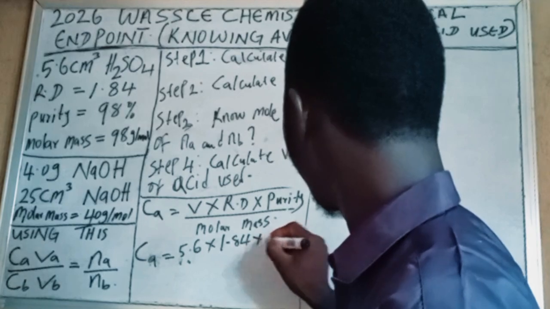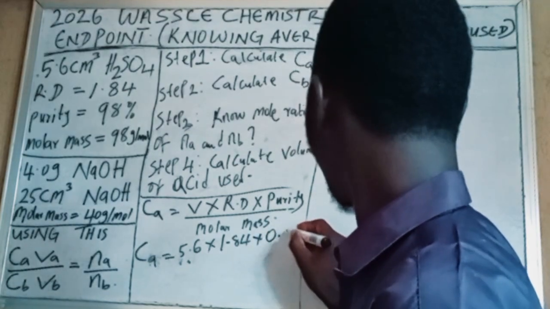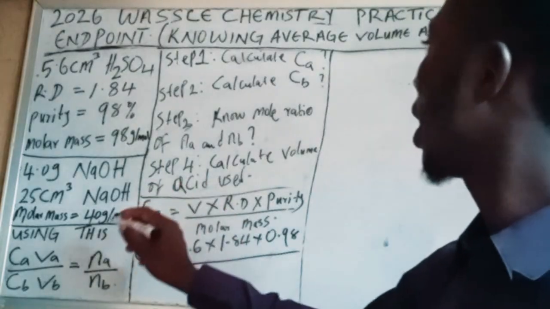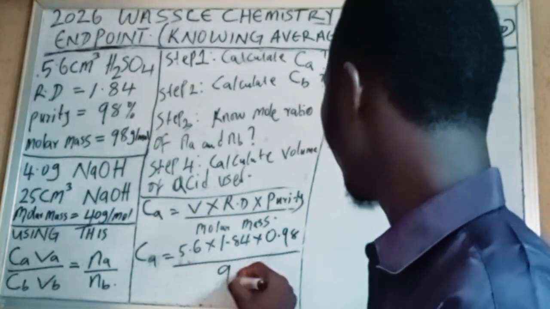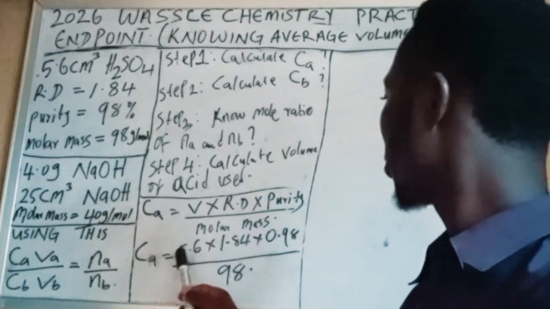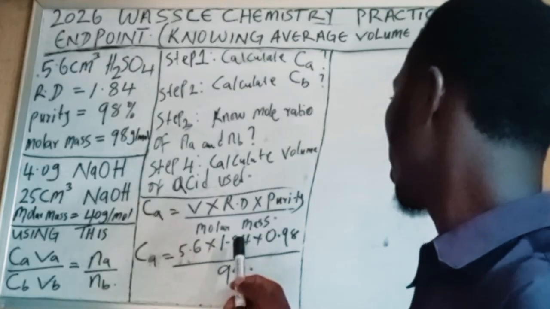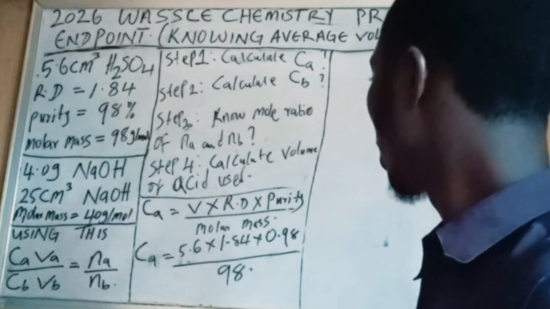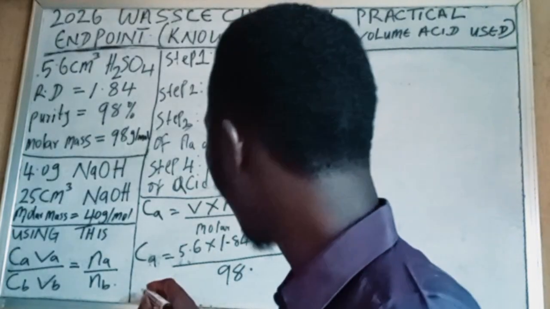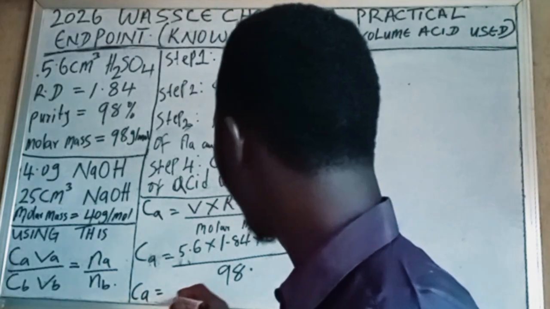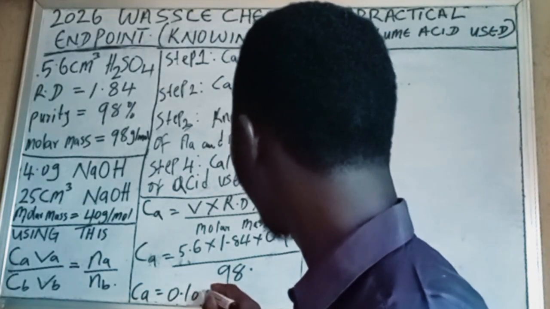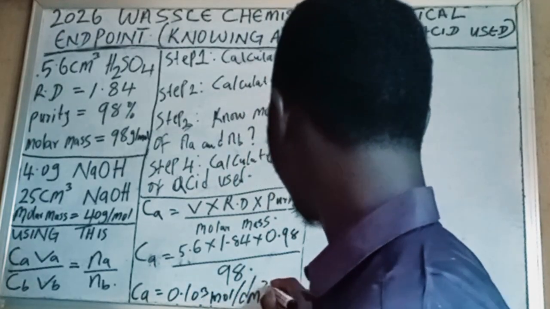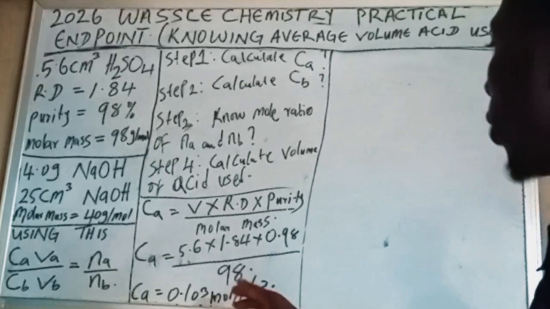So we have times 0.98, divided by our molar mass, which is 98. If we multiply 5.6 times 1.84 times 0.98 divided by 98, you will have CA equal to 0.103 mole per dm³. So this is the value of our CA.